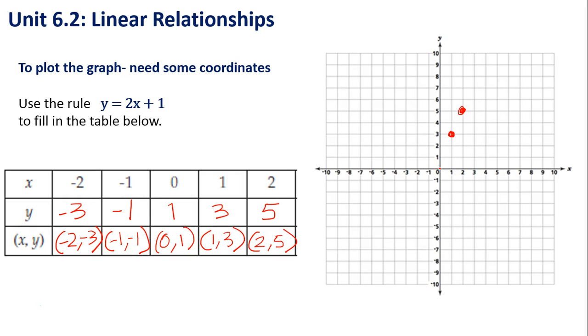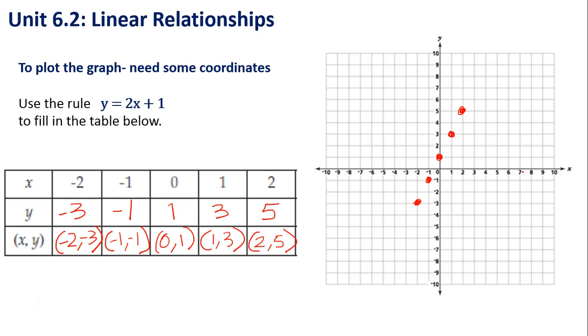So x equals 0, and then we go up to y equals 1. Now with negatives, we've got to go to the left. So we go left to -1 for x, and then down to -1, -1. And the last one, -2, -3. We go across to -2 and then down to -3.